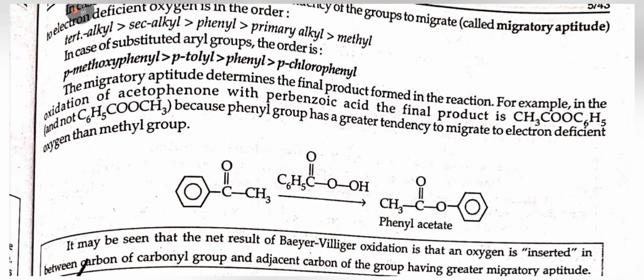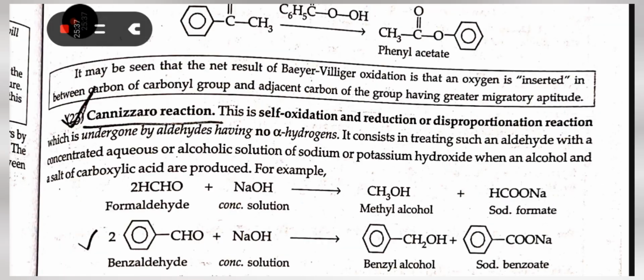Cannizzaro reaction. This is a self-oxidation and reduction, or disproportionation, reaction which is undergone by aldehydes having no alpha hydrogen. It consists in treating such an aldehyde with a concentrated aqueous or alcoholic solution of sodium or potassium hydroxide, when an alcohol and a salt of carboxylic acid are produced.